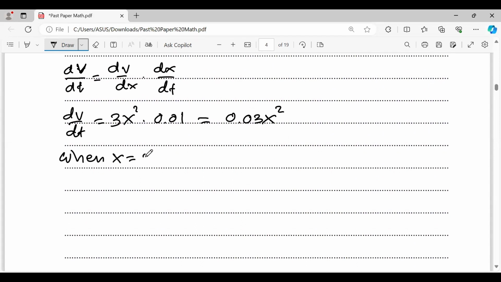When x equals 20, it becomes 0.03 times 20 squared, 0.03 times 400, which is 12.